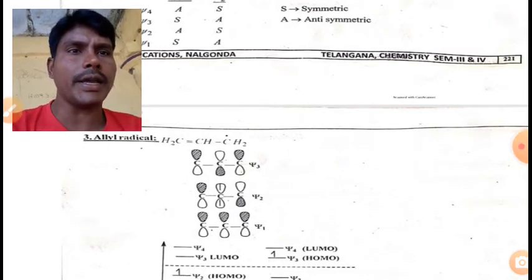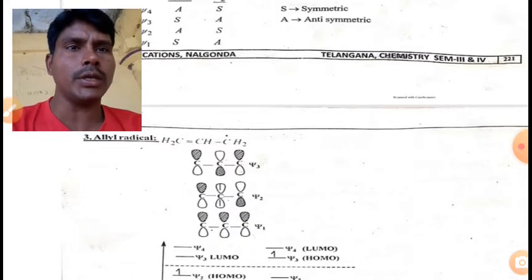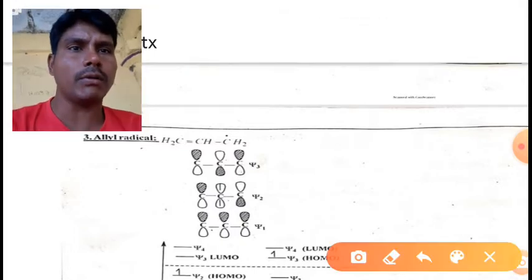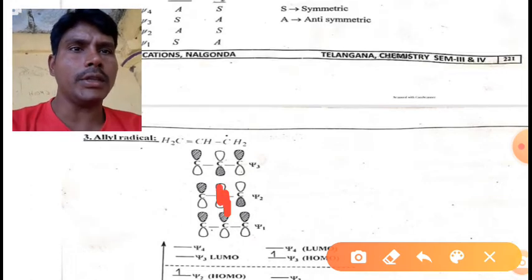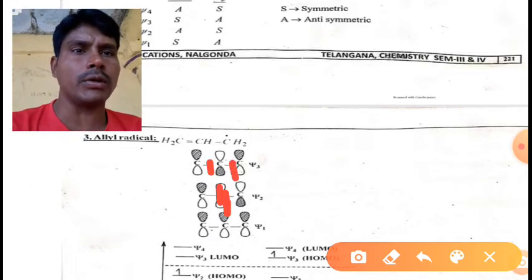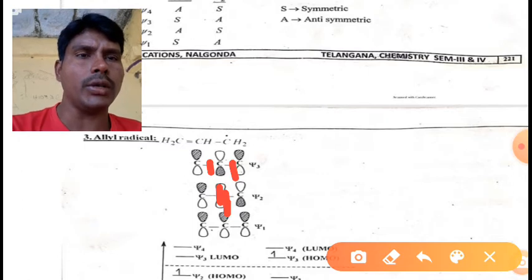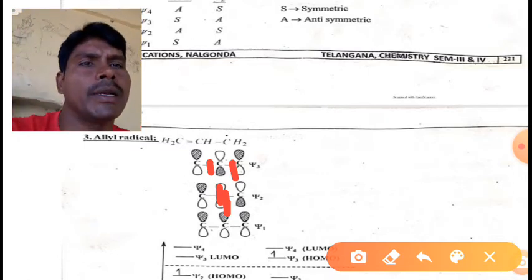Psi1 has no nodes. Psi2 has one node. Psi3 has two nodes, here one node, here one node. So you also have to determine the symmetry elements.